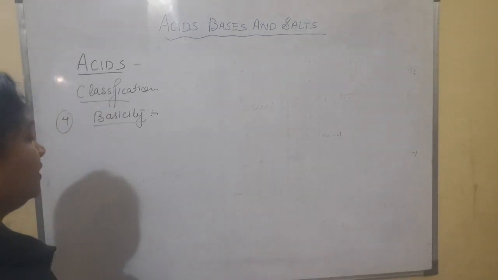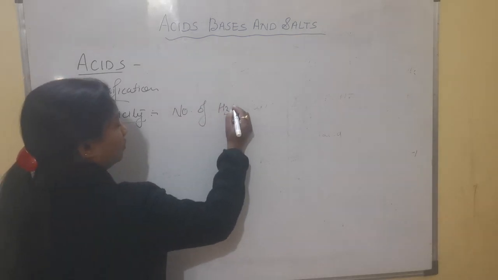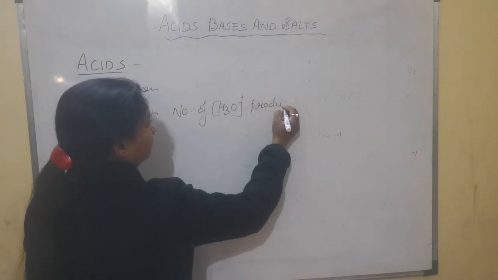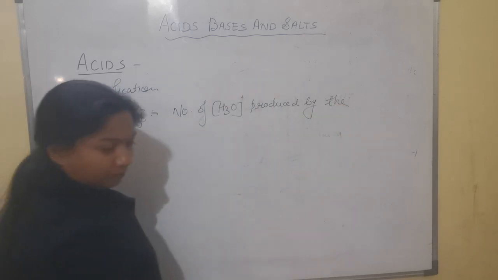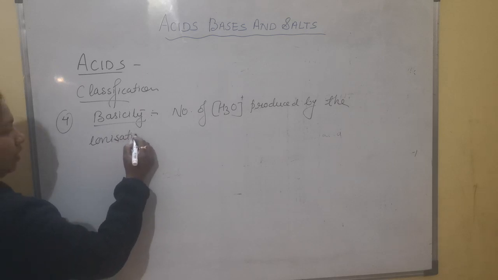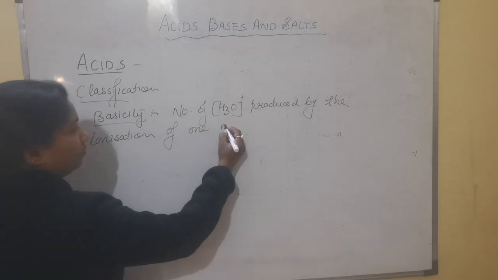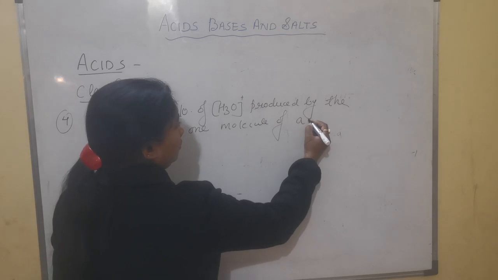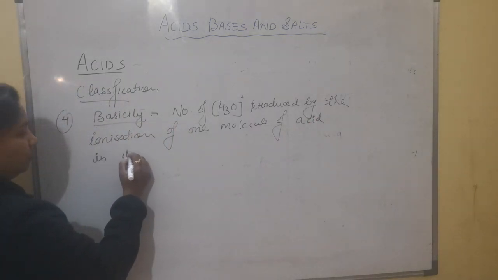What I said, basicity is the number of hydronium ions produced by the ionization of one molecule of acid in its aqueous solution.